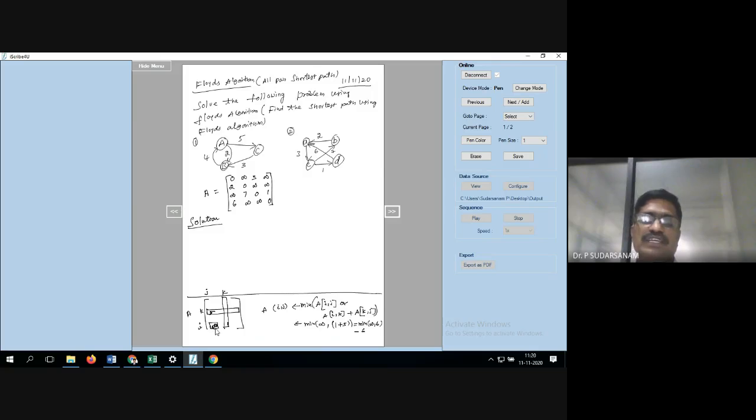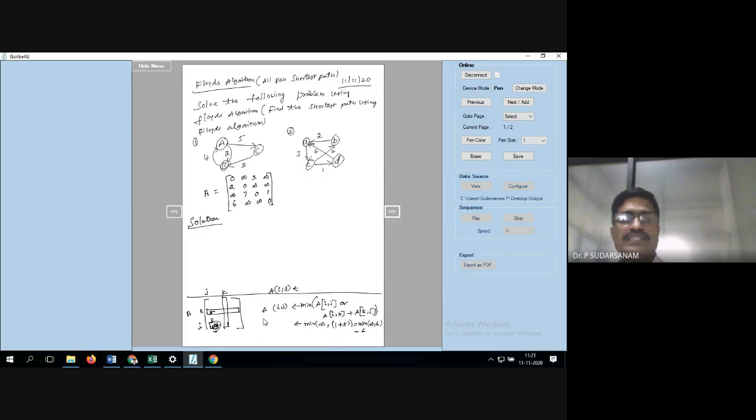Another example I'll tell you. Instead of infinity, I am having 3. Suppose you are having 3 here, in the same location.